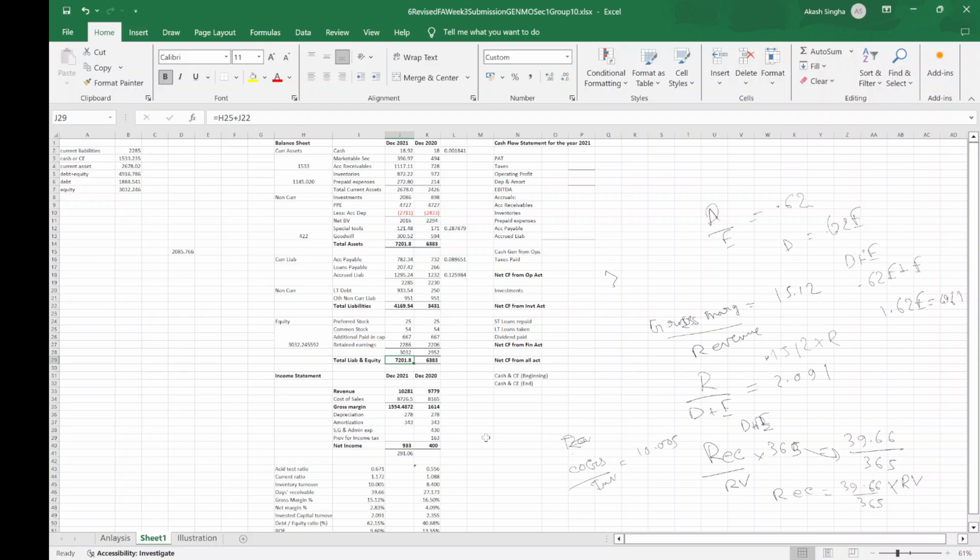So income tax was 163 and income before tax was gross margin minus this, minus this, minus this. So this was the interest expense. Okay, so this is the income tax.